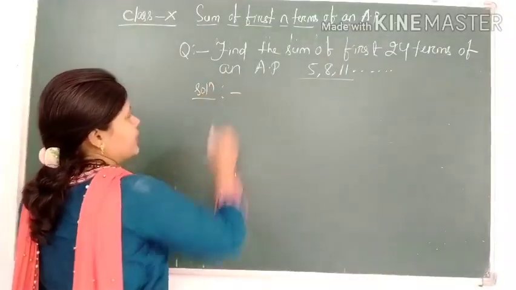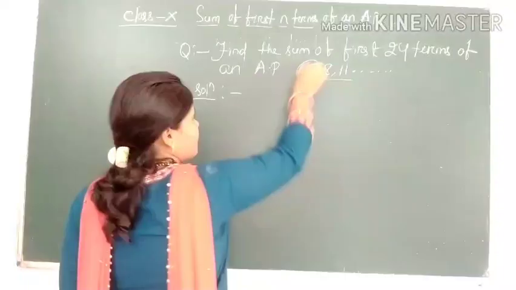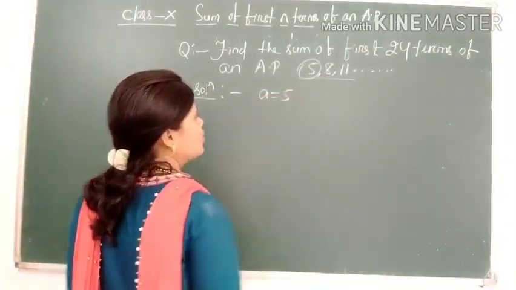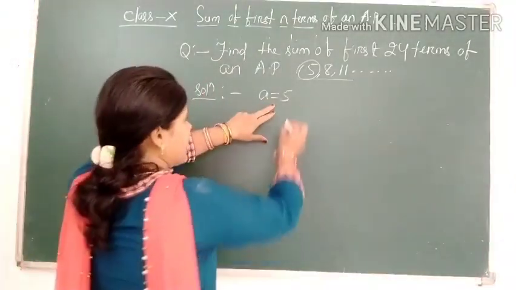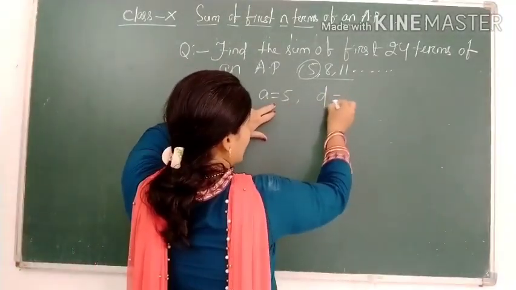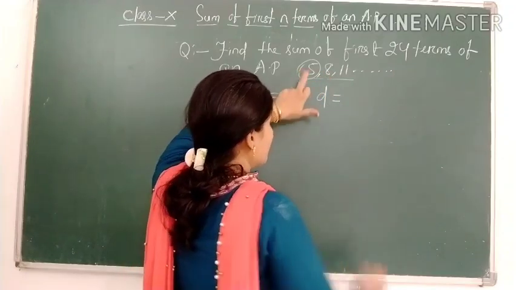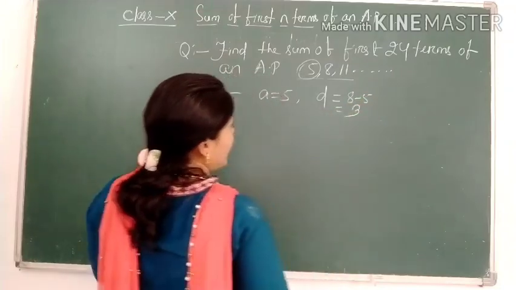Look at here, students. This is your first term. So A is your first term, so here I can write A is equal to 5, and find the value of D. D is your A2 minus A1, which means 8 minus 5 is 3.